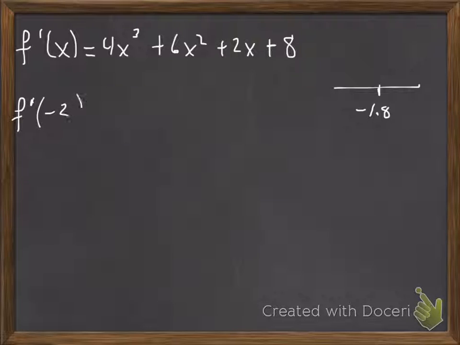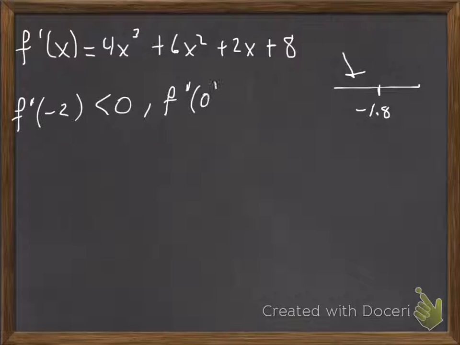So f prime of negative 2. I wanted to make sure I was plenty far away from negative 1.8 because I did round it. Negative 2 seemed reasonably far enough away. If you want to be extra careful, you can do something like negative 5. And that gave me a negative for the first derivative, which tells me that the function's decreasing.